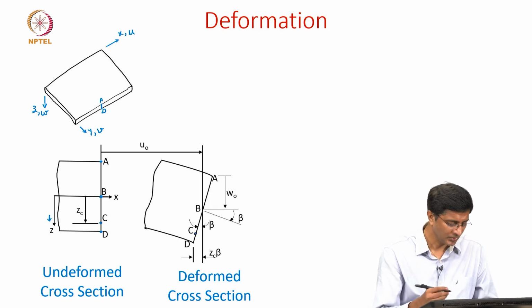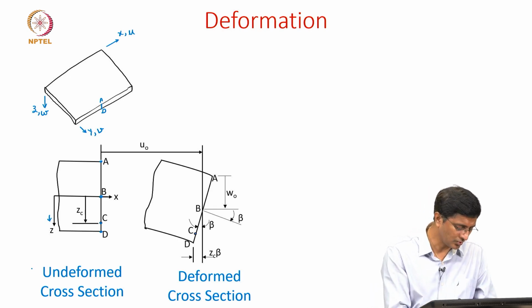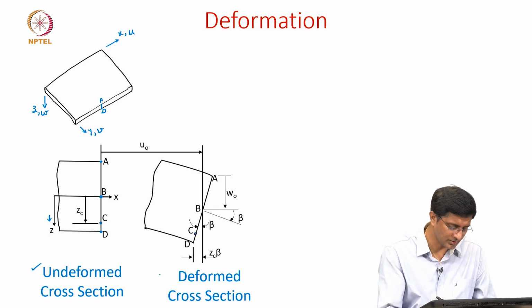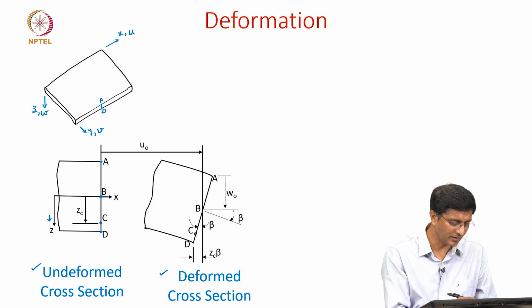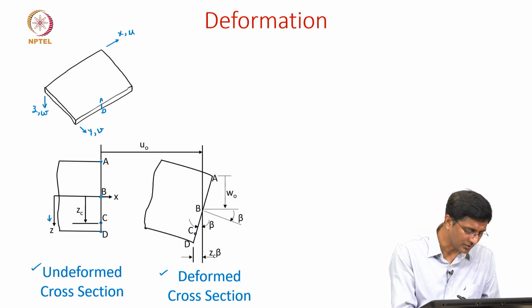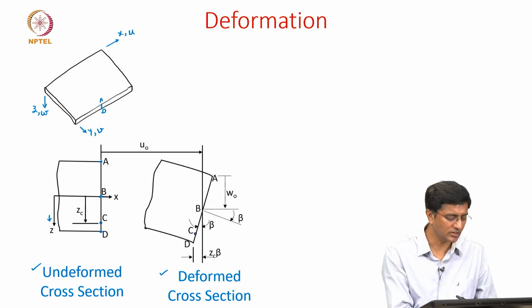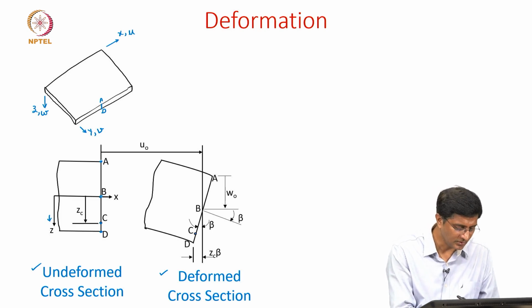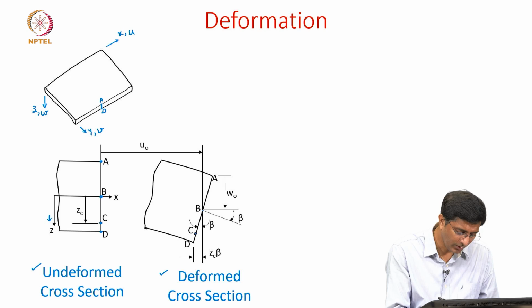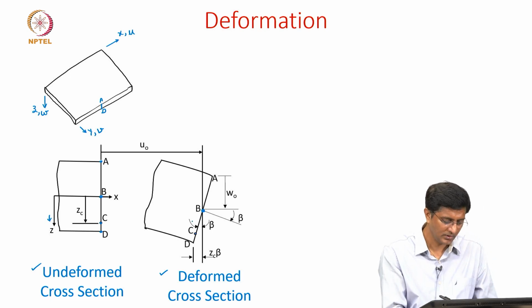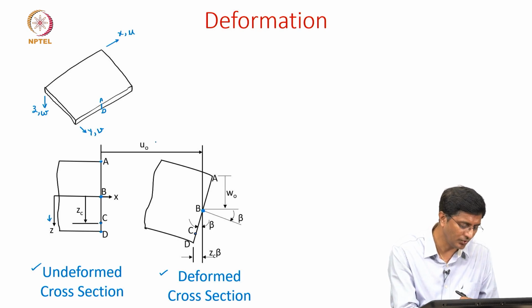So we have shown both the undeformed cross section as well as the deformed cross section. If you are focusing on this point B at the mid surface, after deformation it moved to a new point here, and the displacement along the x direction is given by u naught.